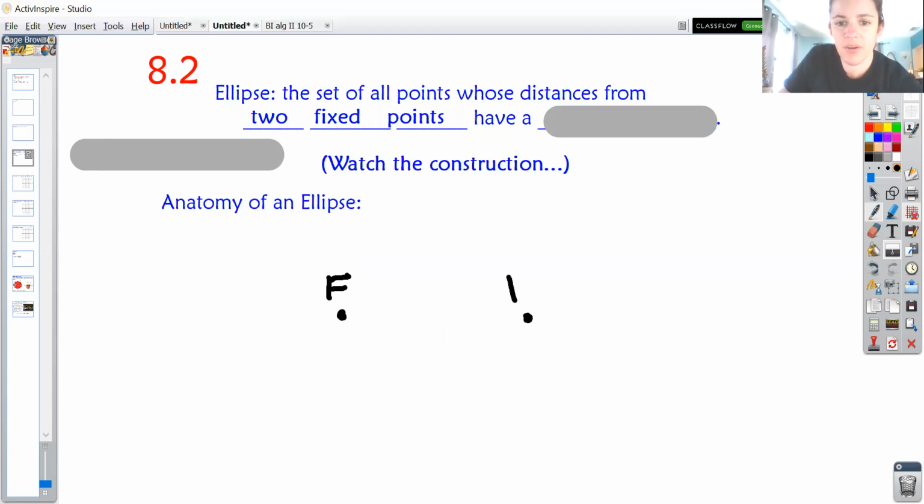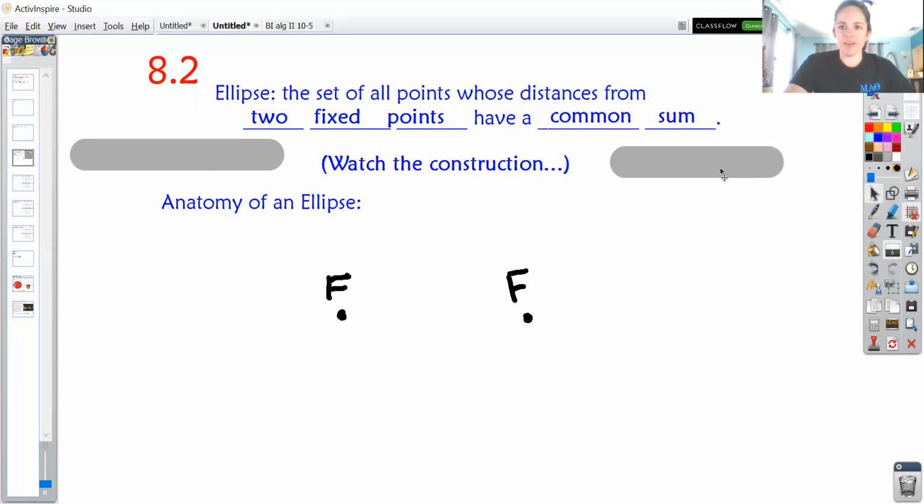So these are both called foci. Some people say foci, some people say foci, I don't know. So we're going to call them foci or focus points, but the pronunciation there is a little bit ambiguous. You've got a little bit of play there. So the distances from both of those points would have a common sum.